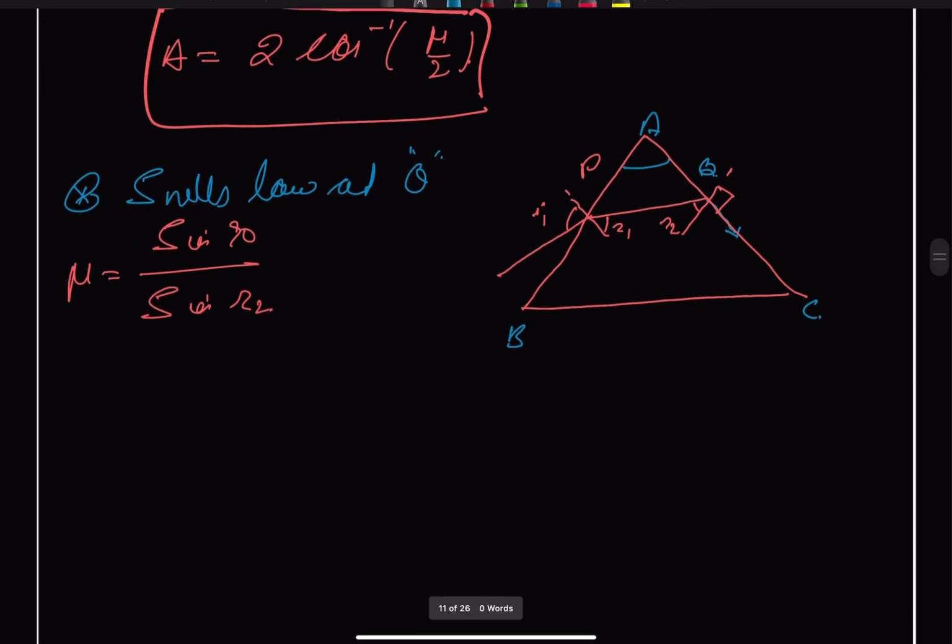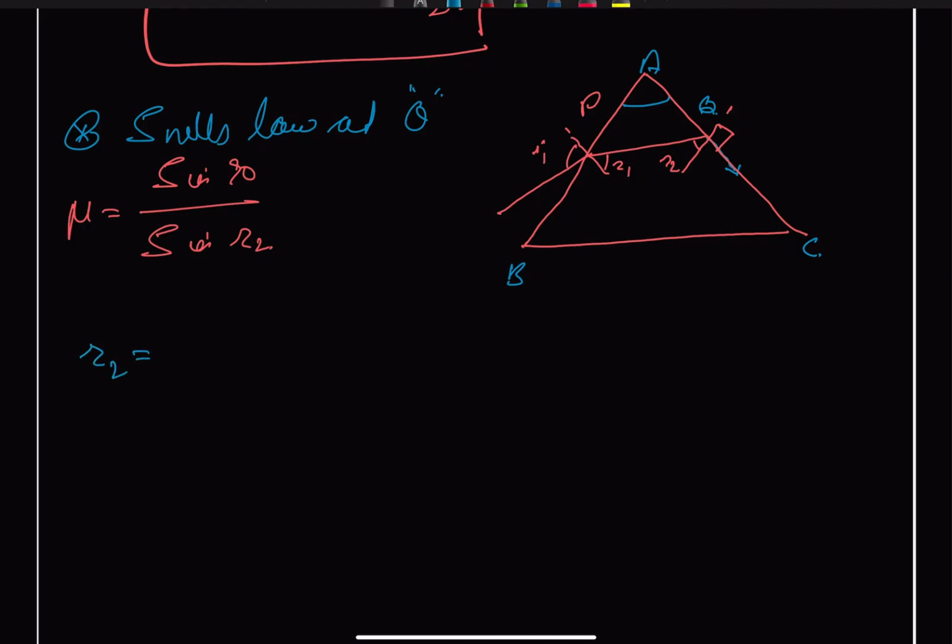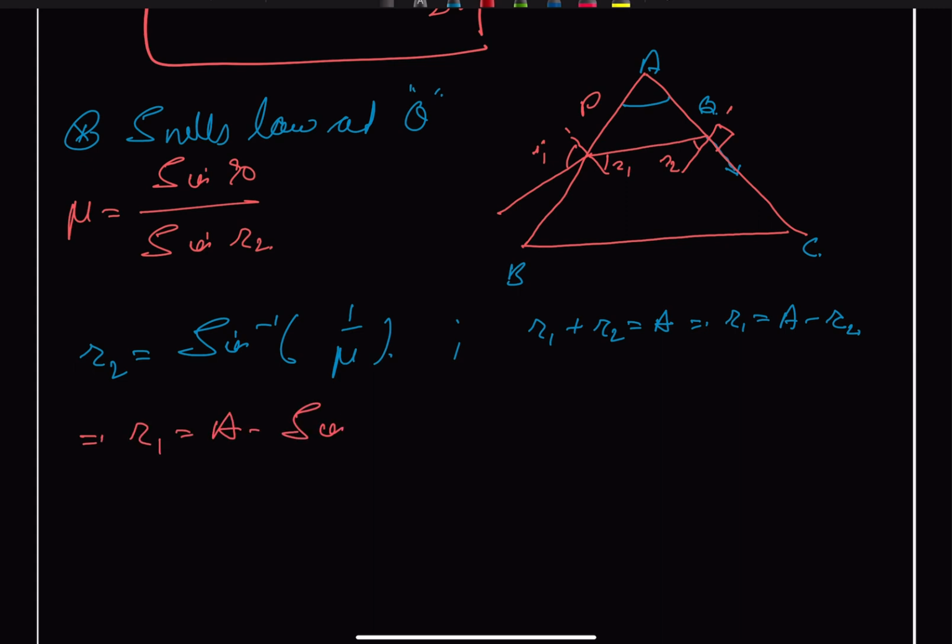From here we can find out R2 will be equal to sine inverse 1 upon mu. But we already know that R1 plus R2 is equal to A. So from here we can say R1 is equal to A minus R2. We substitute our R2, we get R1 is equal to A minus sine inverse 1 upon mu.